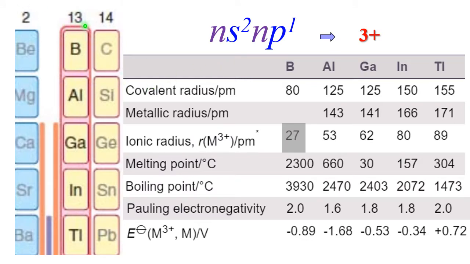Third group is the first group we are looking at that has p electrons, so it has a full ns2 subshell and one electron at the p shell. It's located to the right from the second group, between the second and fourth group of the periodic system.